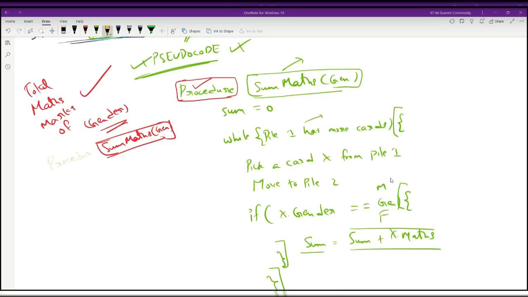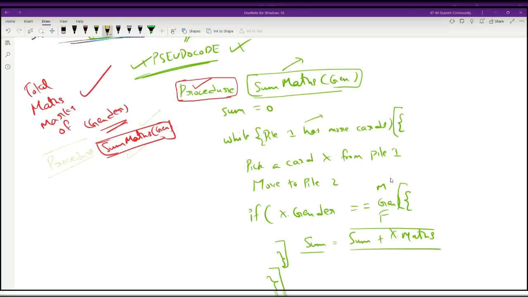Am I clear up to now? Yes, sir. This is the name of the procedure. The user, and also the other person who views this, should know that this particular thing is a procedure. We should indicate that by writing the word procedure beside it.